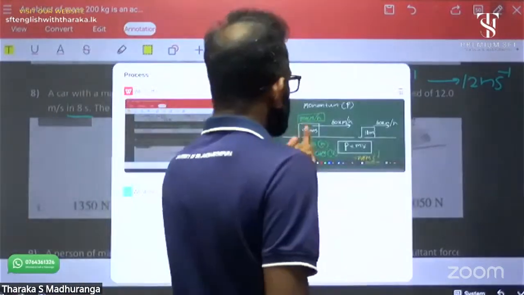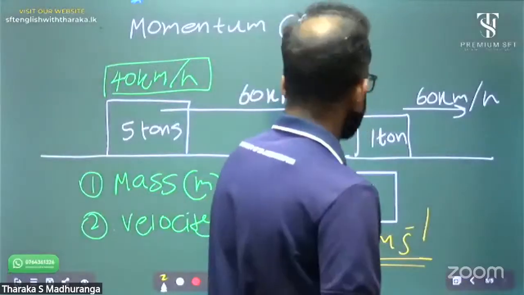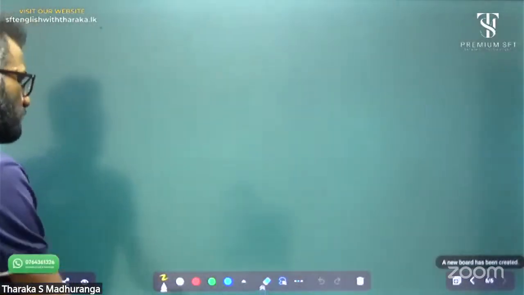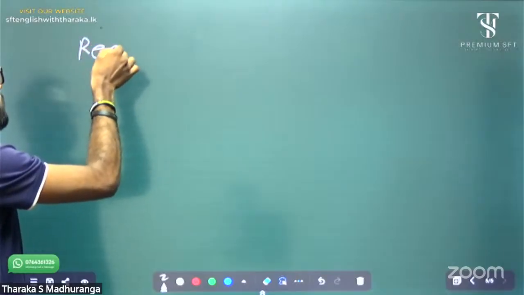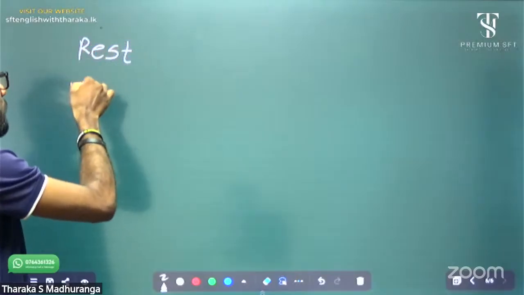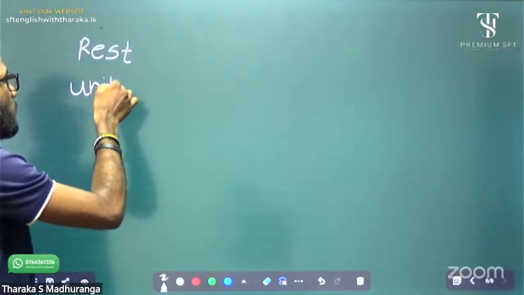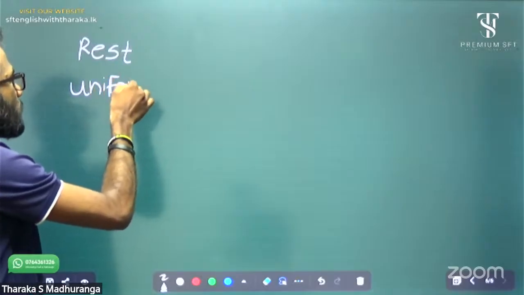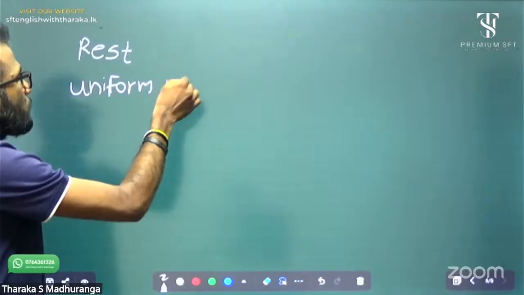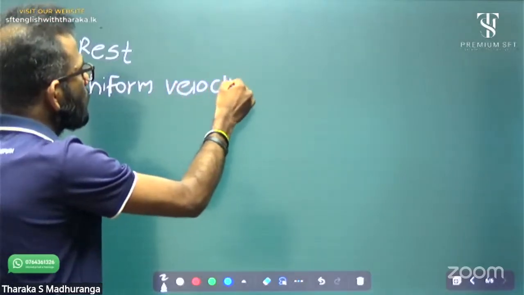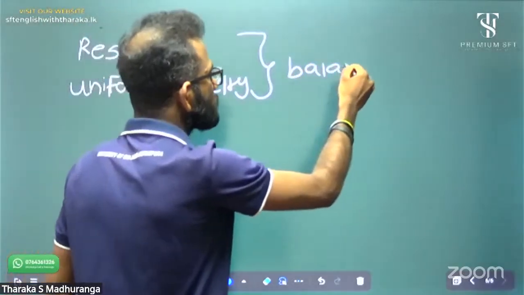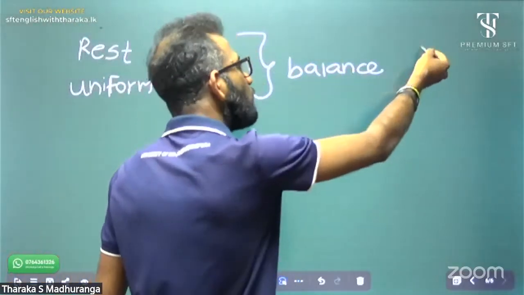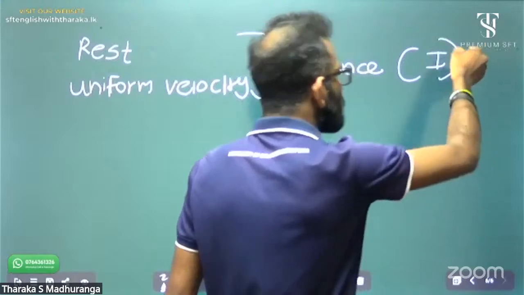Now you have to remember this. Rest objects and uniform velocity objects are always balanced. For all balanced objects, it is Newton's first law.